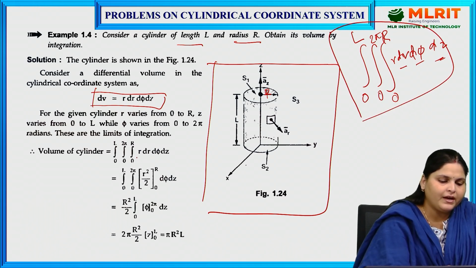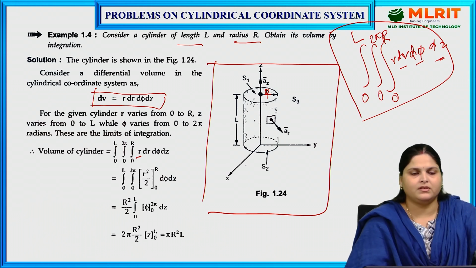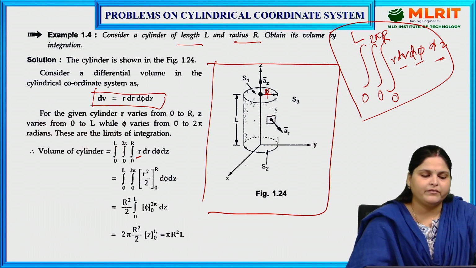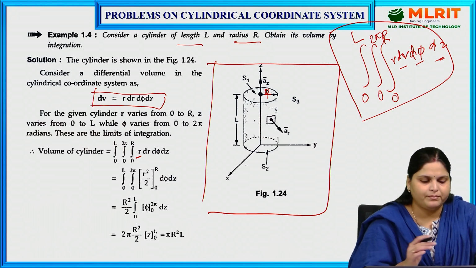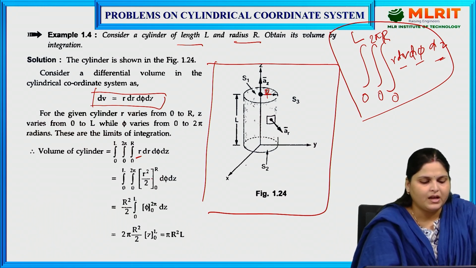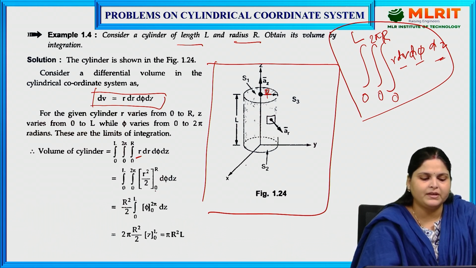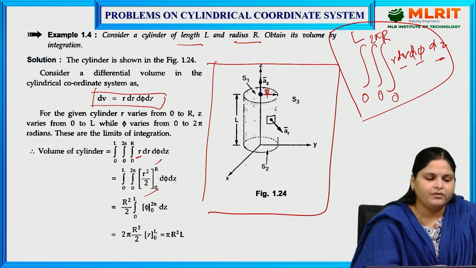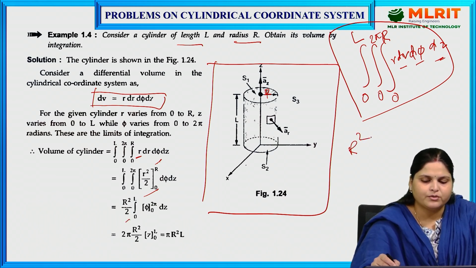So here we have this r component. We will integrate it with respect to dr, d phi and dz. Okay, so first we will integrate it with respect to r, so it will become r square by 2. Then we put the limit 0 and R, it will be basically R square minus 0 by 2, so we get R square by 2.